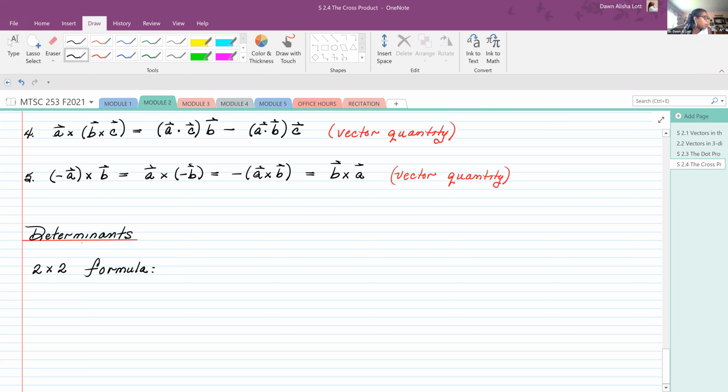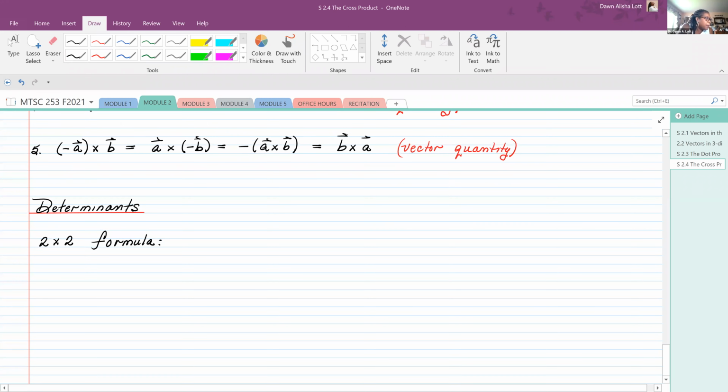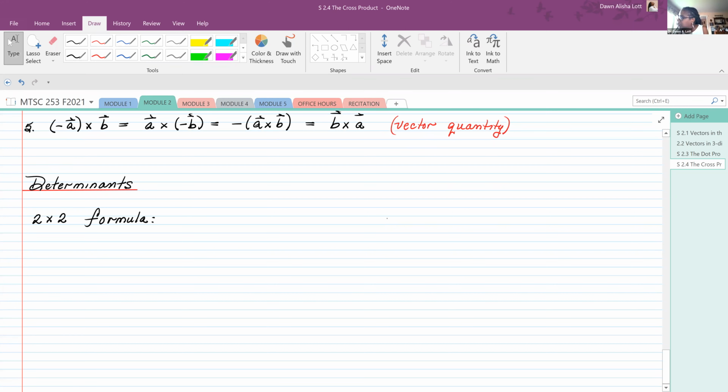Okay, so if I have a matrix and my matrix holds 4 elements. Okay, so this is a matrix and it can hold 4 elements, whatever, and they're all real numbers.